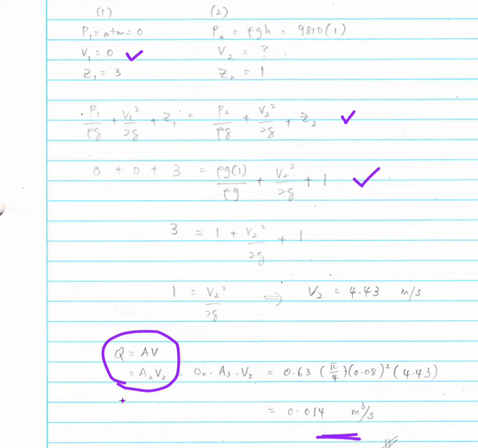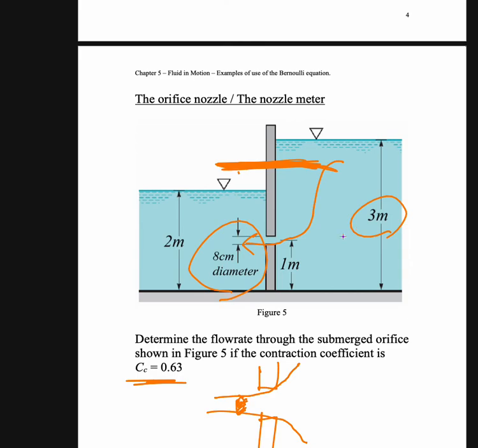However, you must be very careful because the cross-sectional area of the water jet is not the same as the cross-sectional area of the hole. So you need to use the effect of the vena contracta, the contraction coefficient Cc, to determine the flow rate here. The equation for Cc you could get from this slide.